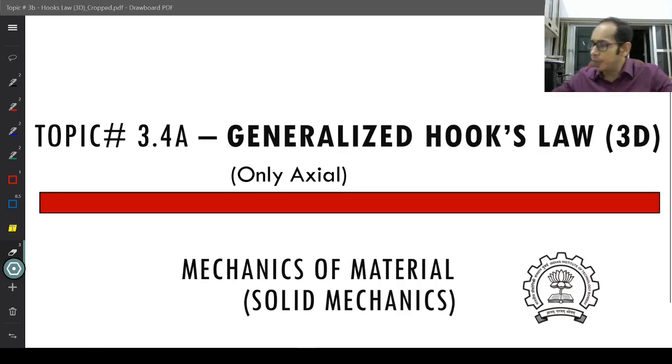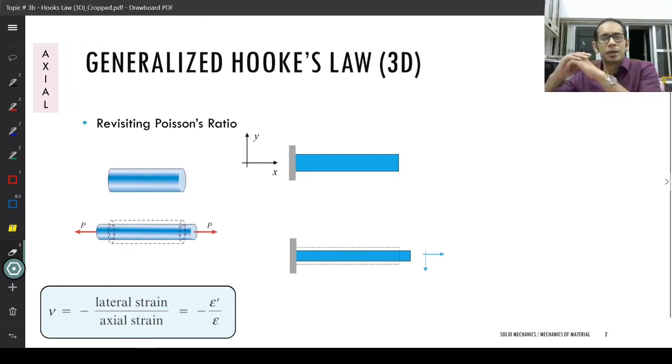So to begin with, let's look at the thing which we are familiar with, that is the one-dimensional Hooke's law. If you recall, our sigma, which was our normal stress, was equal to E times epsilon, the normal strain. And while we were discussing Hooke's law, we also discussed one more important concept, which was the Poisson's ratio.